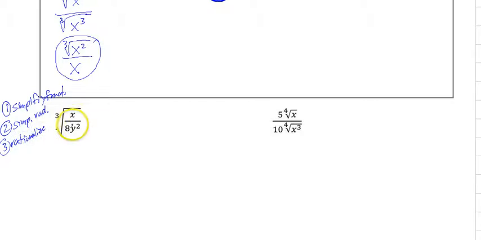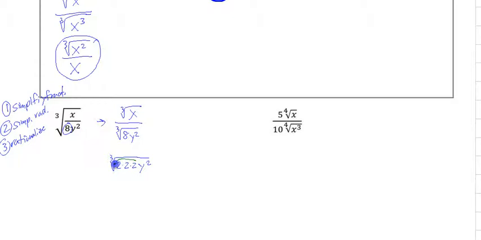So we look at our radical. There's no fractions that will cancel. We now look at the radical, the cube root. And do we have any groups of 3? Yes, right there. So we're going to split this up. Cube root of x over cube root of 8y squared, which is cube root of 2 times 2 times 2 and y squared.